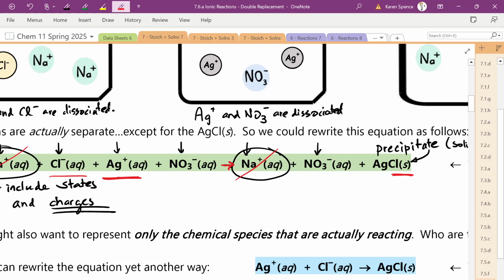My silver started out as a separate ion, but now it's part of a solid, so it's something new. But the NO3 started out free floating and aqueous, and it finished free floating and aqueous, so I can cancel that out. So if you see something that is unchanged from one side to the other, those will be the spectator ions, and you can cancel them out, and that will get you this version of the equation here in blue.